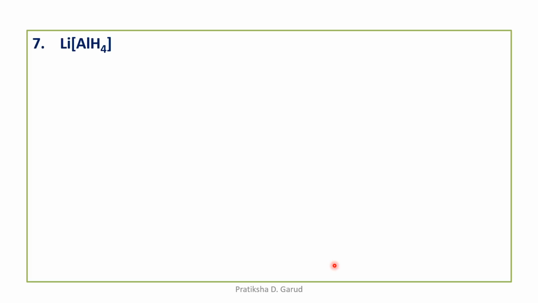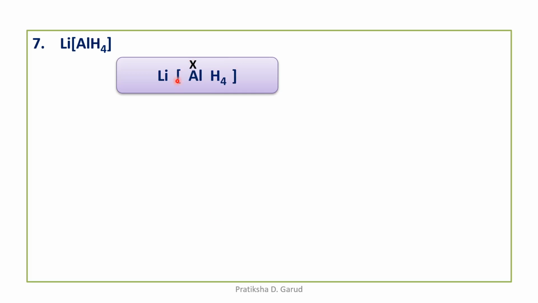Next one is the LiAlH4. Again, here aluminium is the central metal atom, and this is the anionic complex ion. Why is it anionic? Because outside the square bracket we are having the lithium, which is a cation having the positive charge, therefore the complex is having the minus charge.